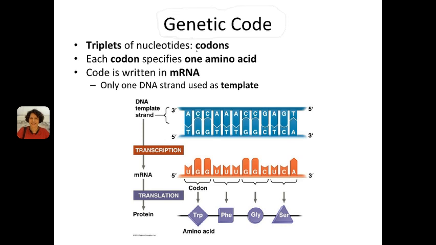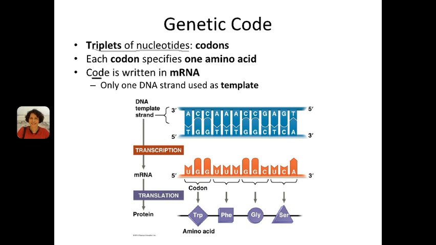Codons in the messenger RNA are going to be used to specify amino acids, but it takes 3 nucleotides to make 1 codon. In other words, it takes 3 nucleotides of messenger RNA to specify 1 amino acid.